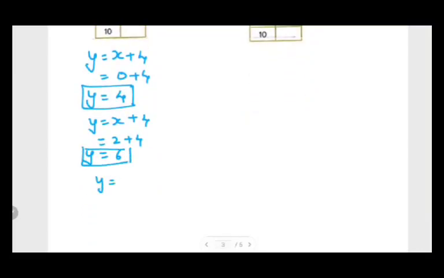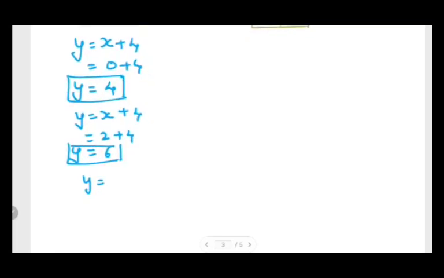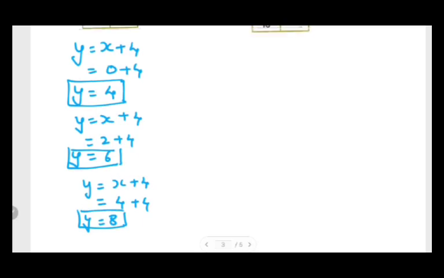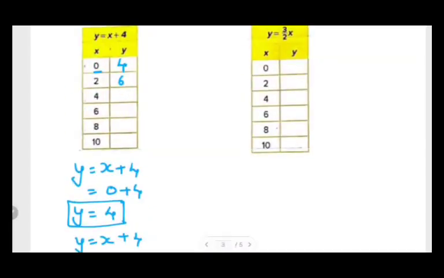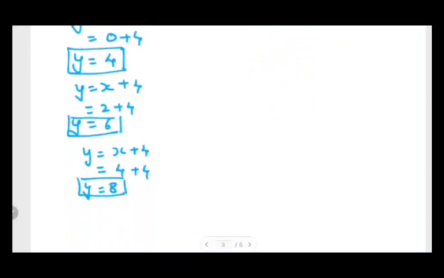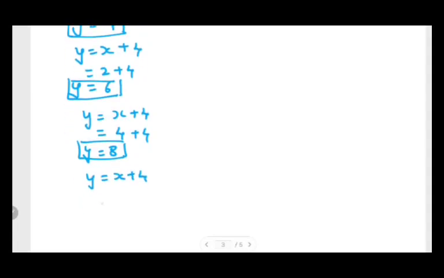Y is equal to x plus 4. So when x is 4, y is going to be 8. Y is equal to x plus 4. When x is 6, y is going to be 10.